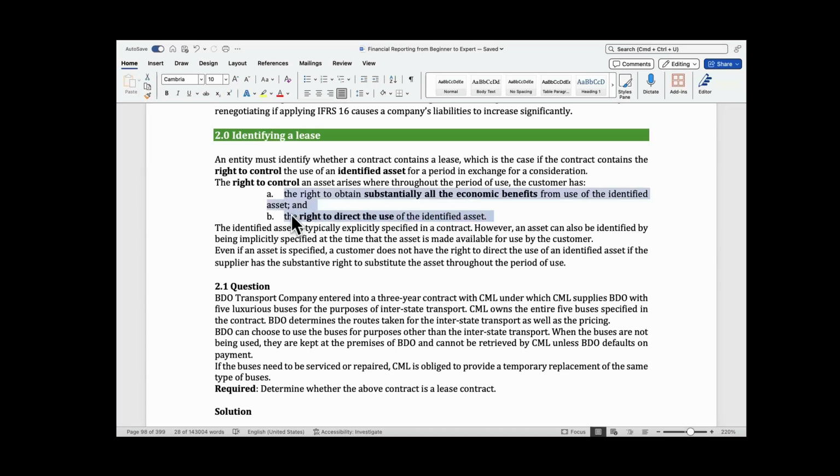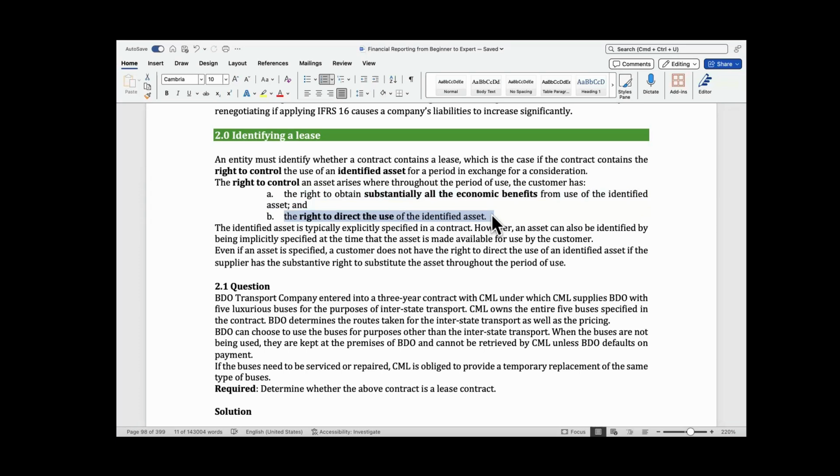And this is exactly what is lacking, this second one, the right to direct the use, in those two scenarios I gave you. In the scenario of the Keke Napep that I gave you earlier, if I have given the driver a free hand to operate wherever they want, I'm not restricting their use. It's a lease.